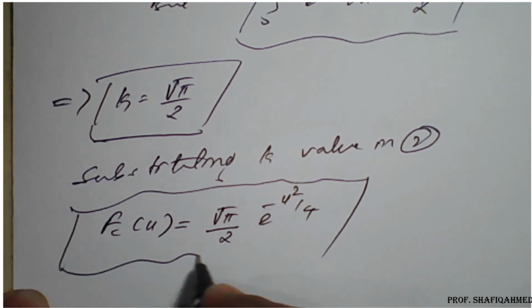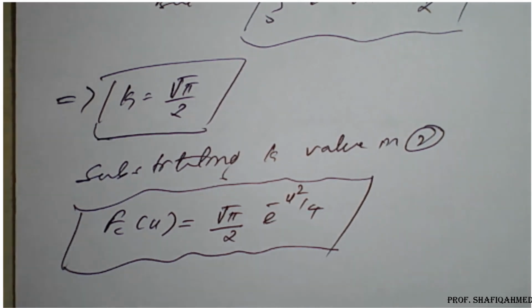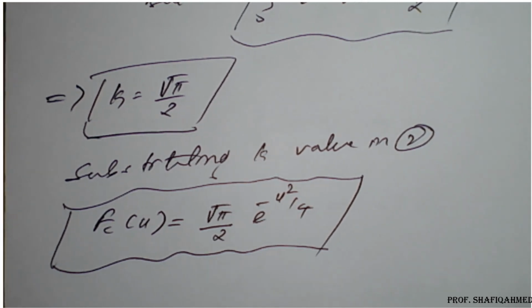So this is the required Fourier cosine transform of the given function e raised to minus x square. One of the important questions. So there is a little bit of change in the steps while applying the integration and all. So you need to remember this.